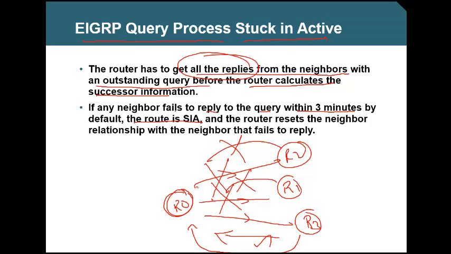R0 needs to remove R2 and R1, which have received the query but not replied. That's what the router does: it resets the neighbor with those neighbors that fail to reply. And then it learns the route, it uses the route given by router 3. Then only it processes the route given by router 3. We call this the stuck in active state.